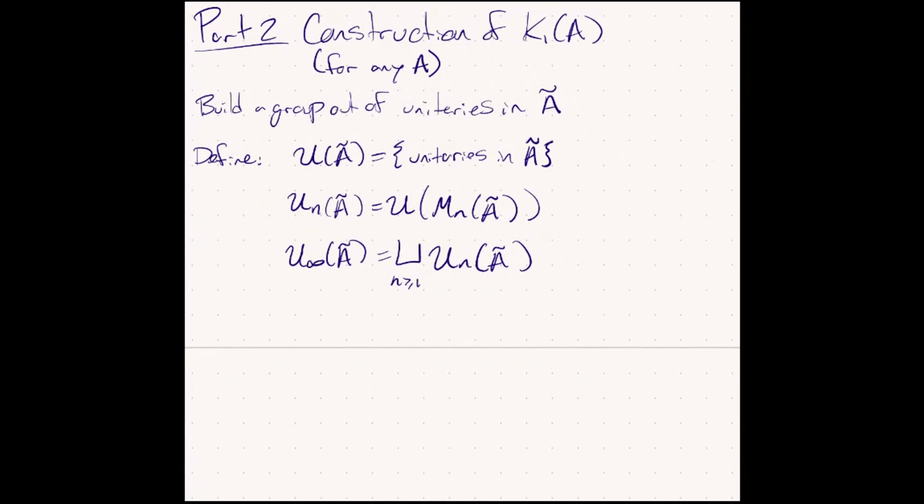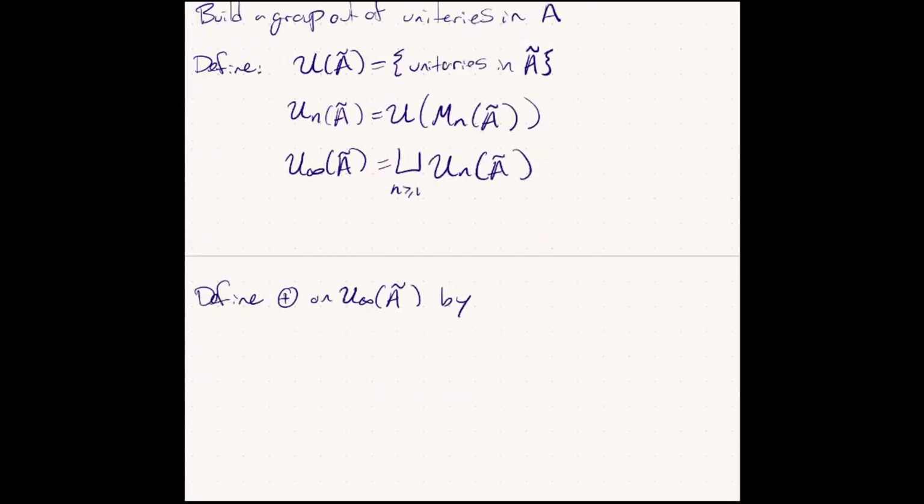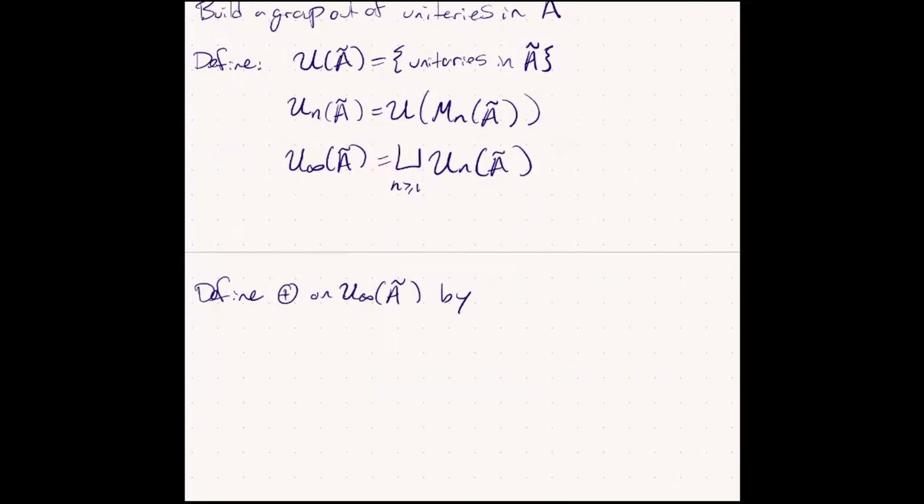The other ingredients we need are some notion of addition in this set and also an equivalence relation. So let's define direct sum on U infinity by doing the exact same thing that we did in P infinity. So U direct sum V is going to be this diagonal matrix with U and V on the diagonal. And this will still be a unitary.